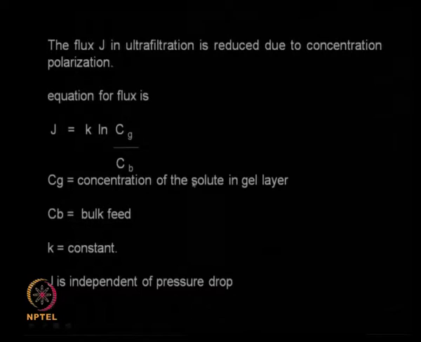Cg is the concentration of the solute closer to the upstream of the membrane surface, or the gel layer. Cb is your bulk, so Cg will be much higher than Cb because of the build up of solid near the upstream surface of the membrane, understand.